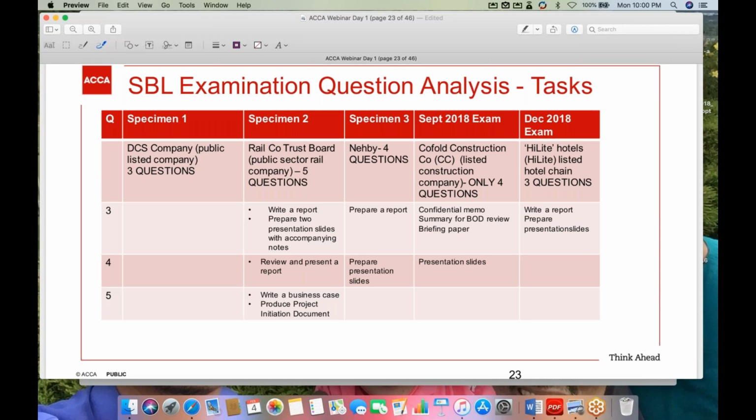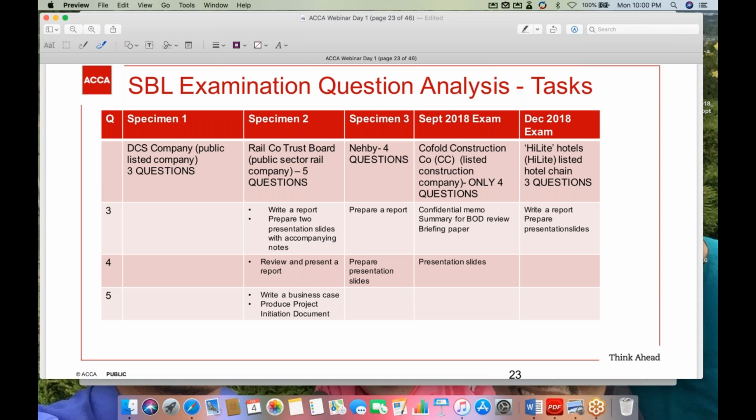The common task that every accountant must know is preparing reports, preparing briefing notes, okay? Whoever you are in the organization, you may need to present certain things, so you may need to prepare slides and the accompanying notes.